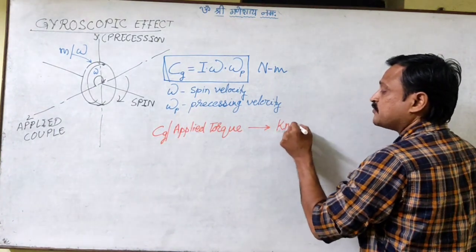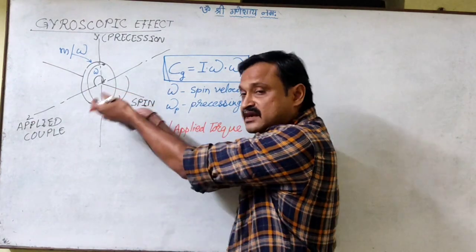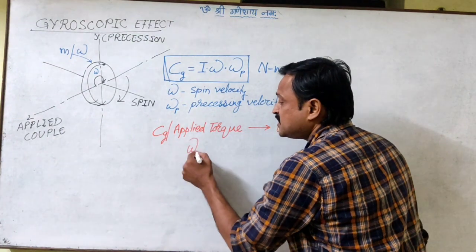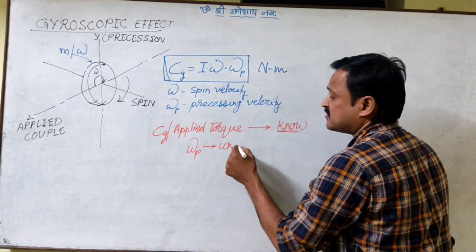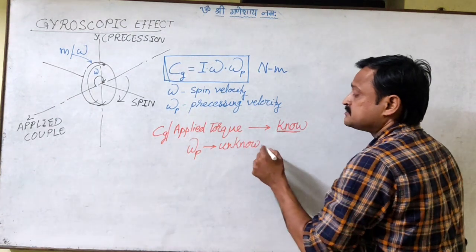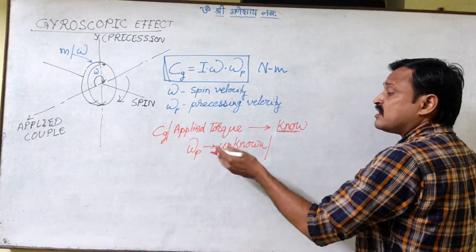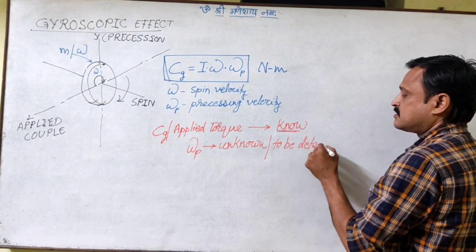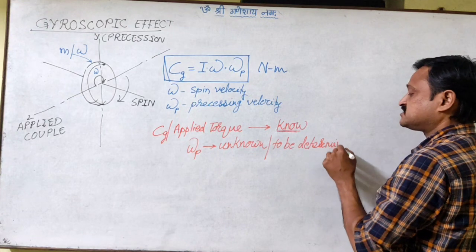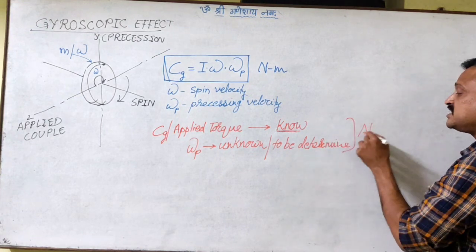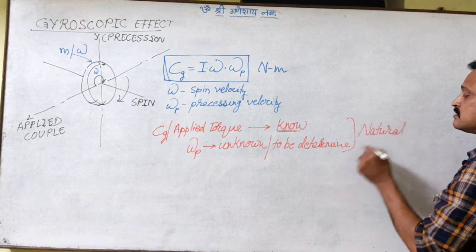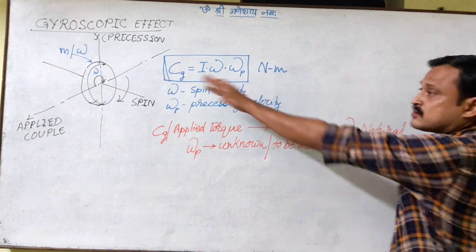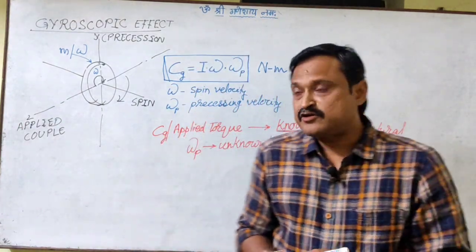If this is known or can be determined with the given conditions of the system, and omega p is unknown, or to be determined for a system, then this situation will be a natural precession condition, right? I hope you have followed.